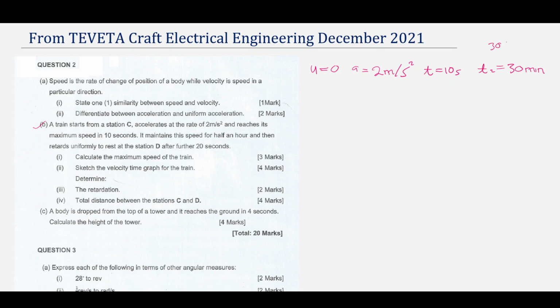Okay, so which is 30 times 60, which is equal to 1800 seconds. Okay, this is 1800 seconds, and then retards uniformly to rest at the station D after further 20 seconds.